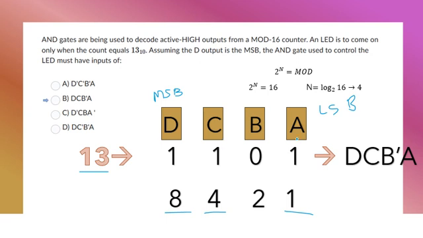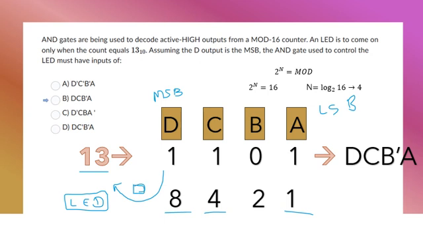So if we write it in the output with letters, one is D, and one is C, because of the flip-flop positions, C flip-flop, D flip-flop. And for B, we don't have anything because it's low. This is your LED, and decoding is done by your AND gate.